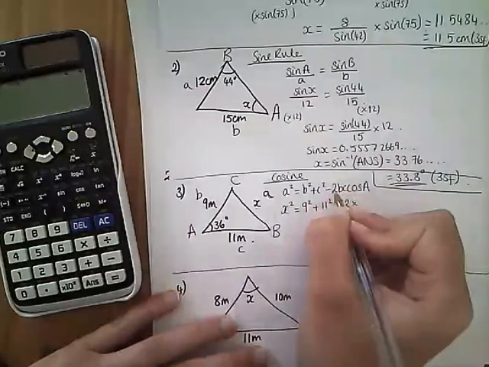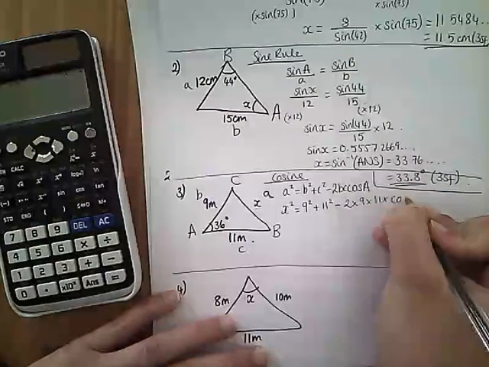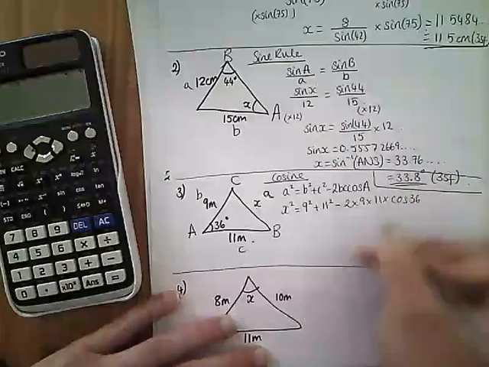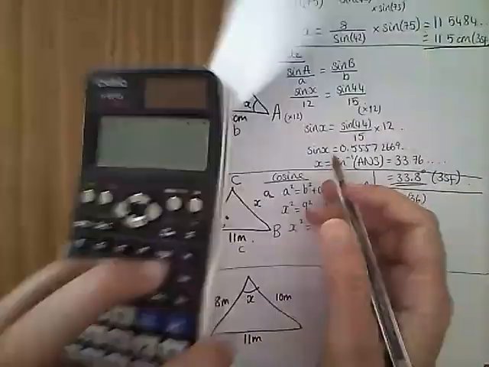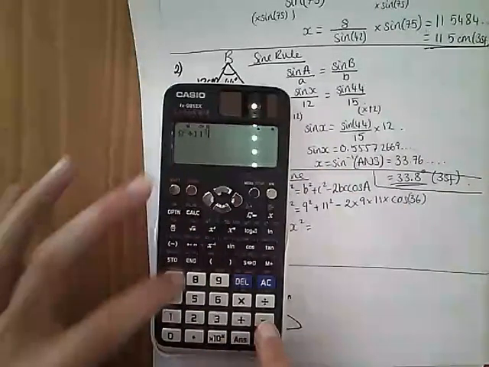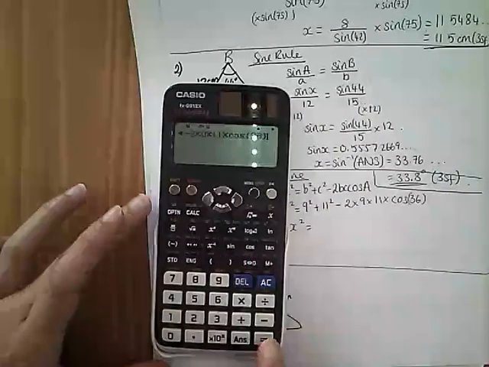So 2 times 9 times 11 times cos of our angle A, cos 36. You can type that all into your calculator exactly as it appears: 9 squared plus 11 squared minus 2 times 9 times 11 times cos 36.